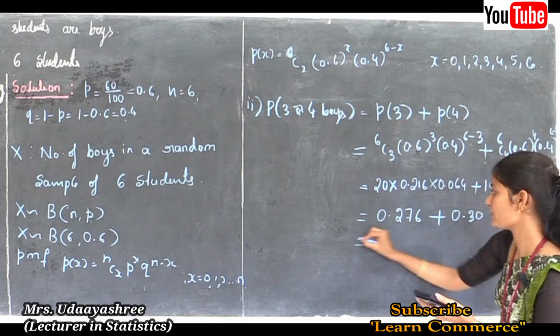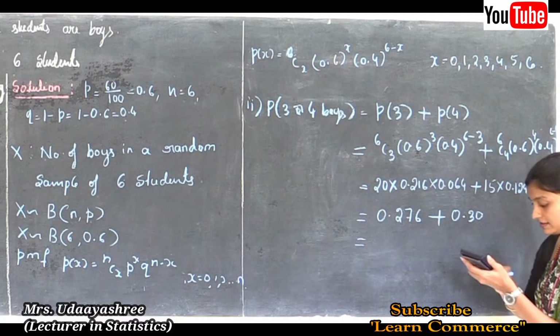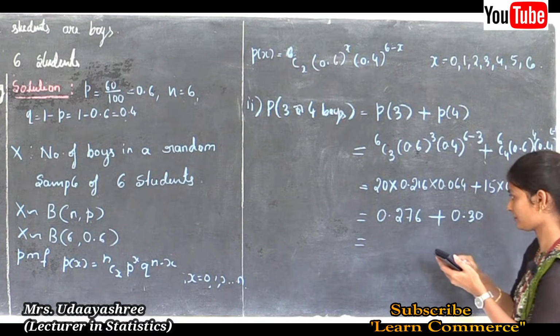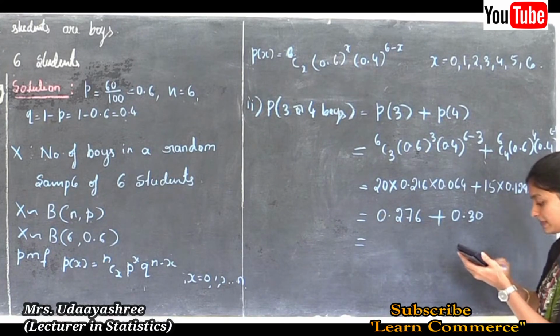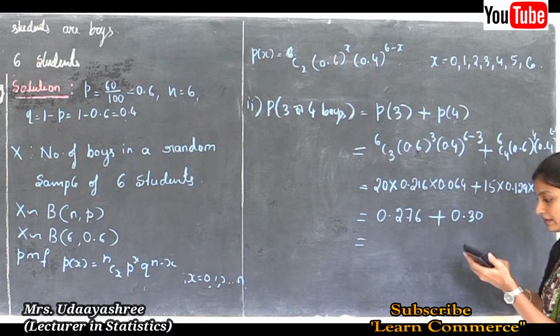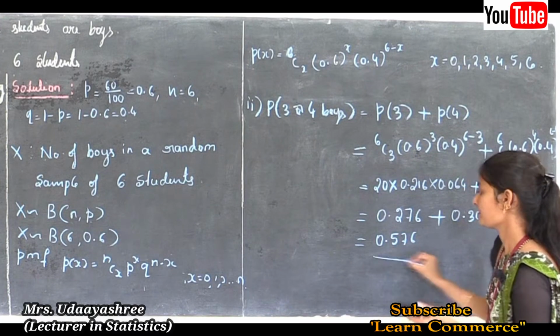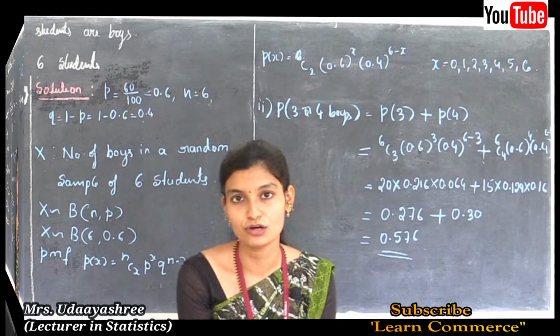Okay, this is equal to 0.30 plus 0.276 is 0.276 plus 0.3 is 0.576. This is the calculated answer of probability of getting 3 or 4 boys.